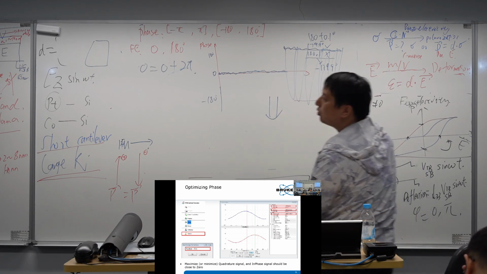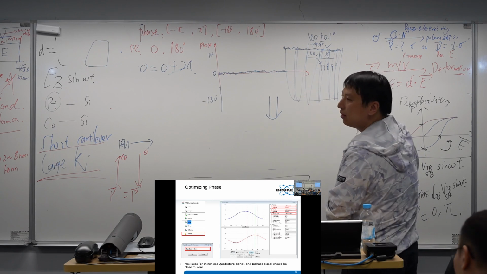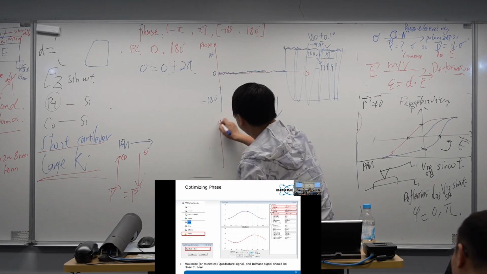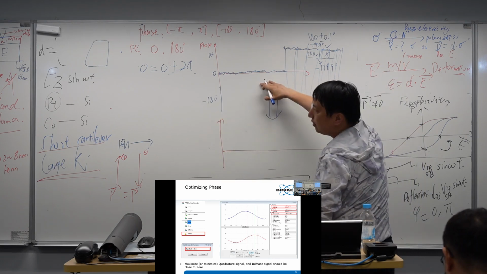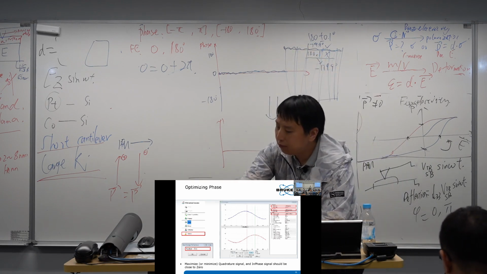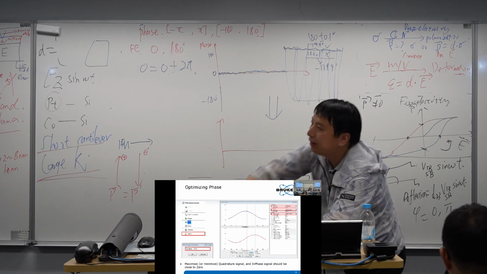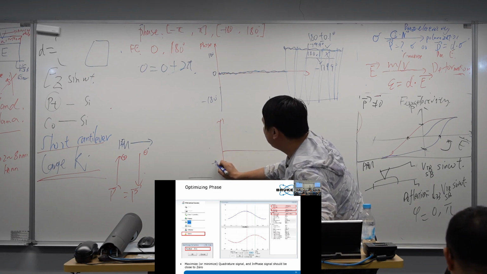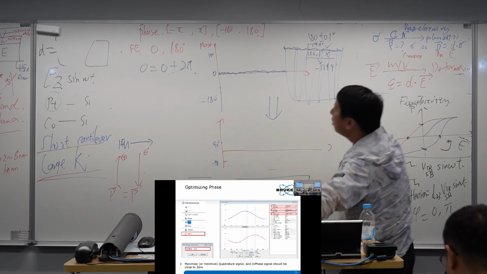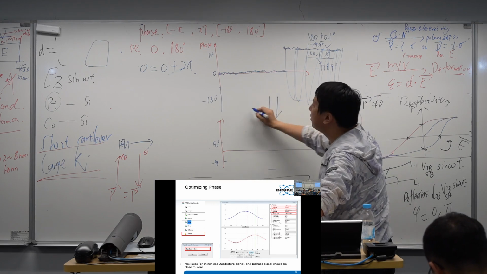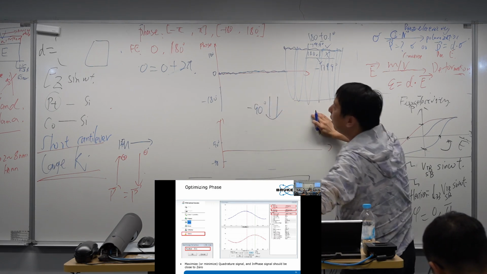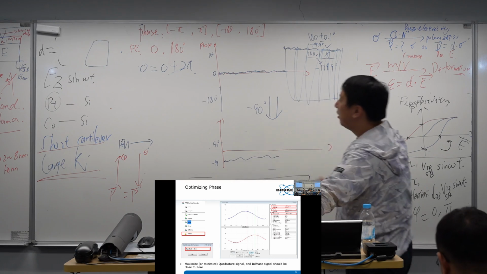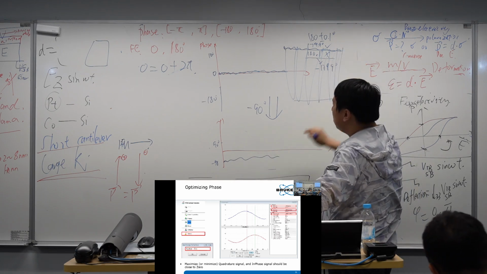If we can shift our phase to another direction, then that's good. We can either shift every signal down. If we shift all our signals down, say 90 degrees, here is negative 90, positive 90, so I would say reduced by 90 degrees. The signals at 0 will be something like this, and the signal at 180 should be something like this.